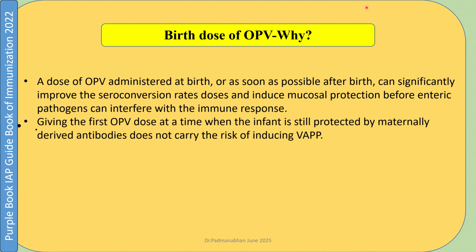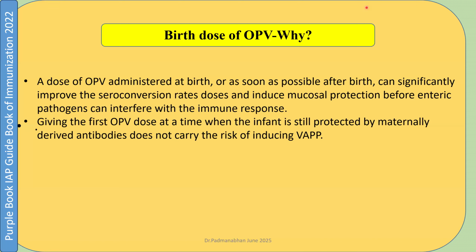Vaccine-associated paralytic polio. This is a new thing which has come about. Very rarely, the OPV dose which you give can change. We have attenuated it, but it may mutate, multiply, and become a pathogen and produce paralysis.